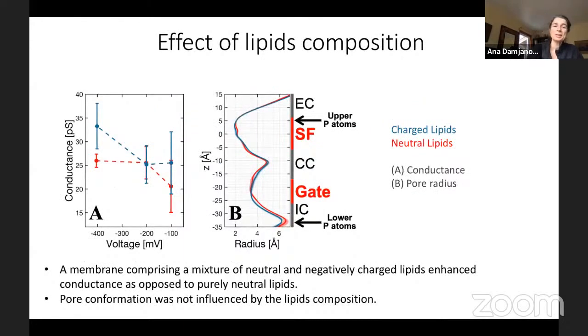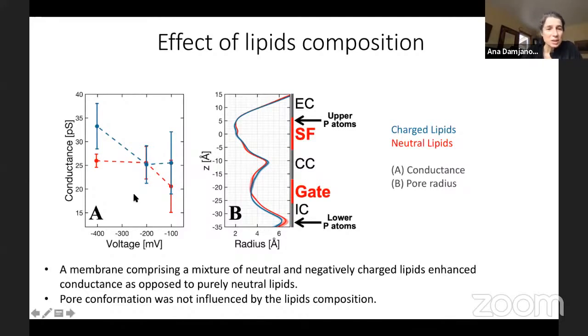We also looked at the effect of lipids, because ion channels can actually get affected by lipid composition. So we also see some change in conductance when we look at neutral lipids in red and charged lipids in blue. So actually not charged, but really mixed. We looked at the number of charged lipids in the actual experimental system, and used similar lipids and a similar proportion of charged lipids.